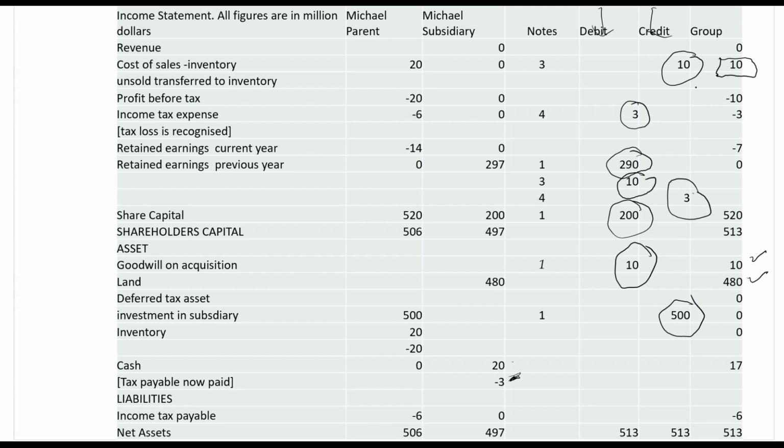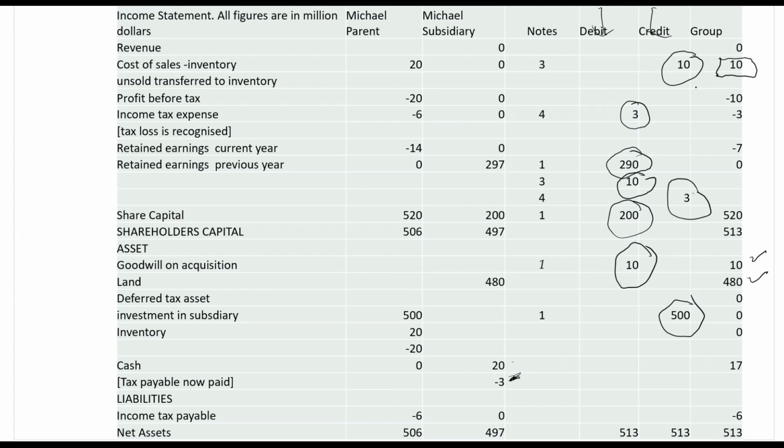So therefore there will be a cash outflow, and the cash balance now becomes 17 million. And income tax payable here is for Michael parent because it's still not sold.